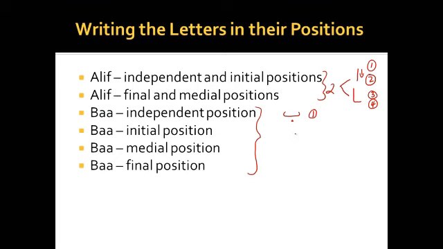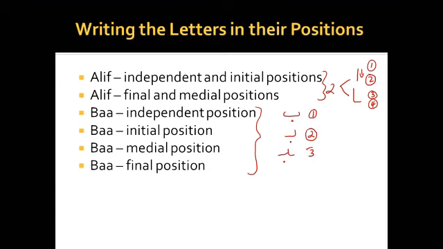The second is the initial position, and this is when the ba comes first in a word, or when the letter before it doesn't connect. And this is the second position of the 4 positions. We have the medial position, which is the ba when it looks like this, in the middle of a word when it connects to a letter before it and a letter after it.